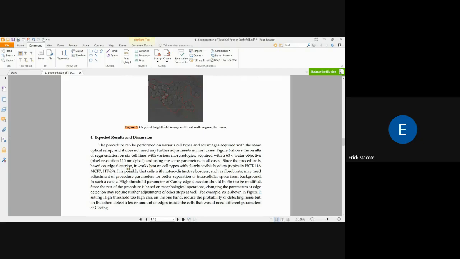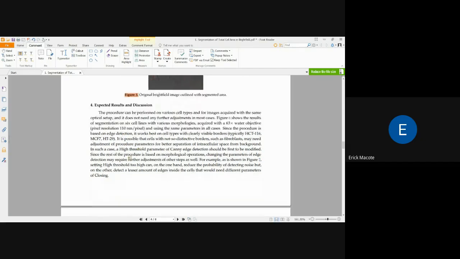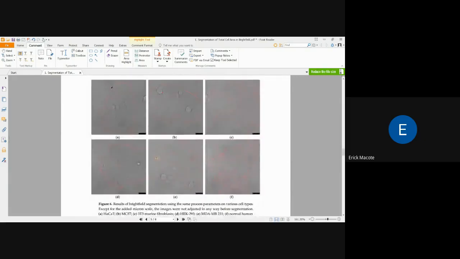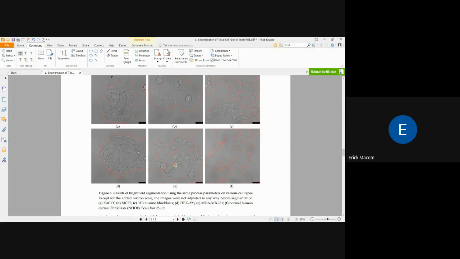Regarding expected results and discussion, Figure 6 shows the results of segmentation of 6 cell lines with various morphologies. You can see here, for example, in B, MCF7, and in NDA and NB 200.01.